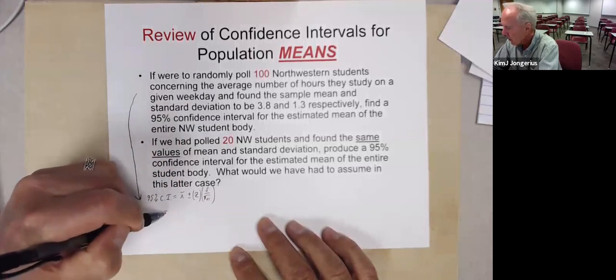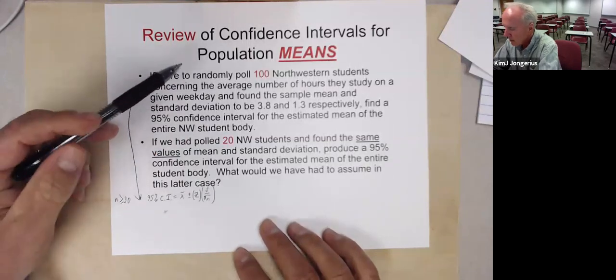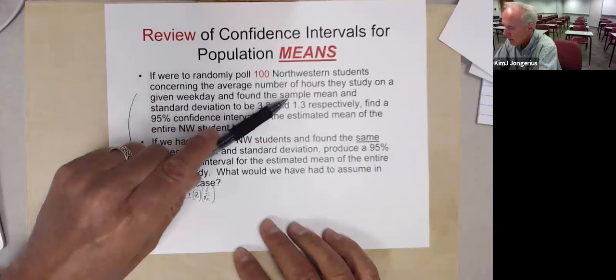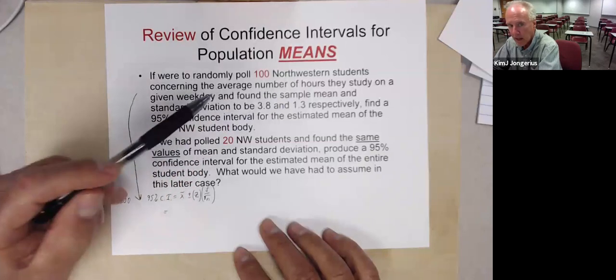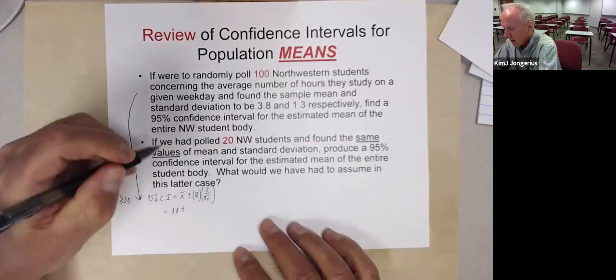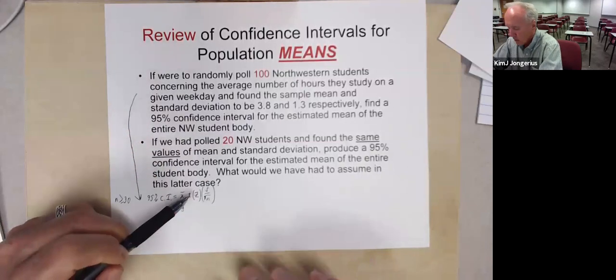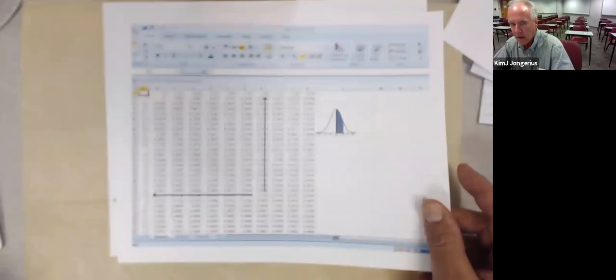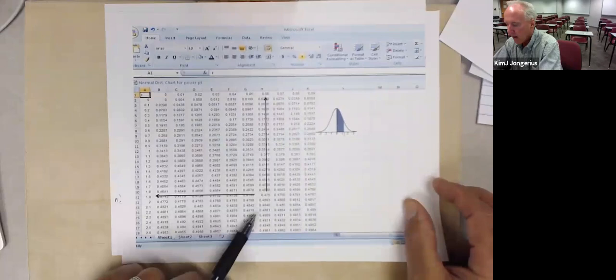So in this particular problem, my x bar is the sample mean, which was 3.8. My z-score, you recall, is found by going to my chart, and I locate 0.475 in the midsection.